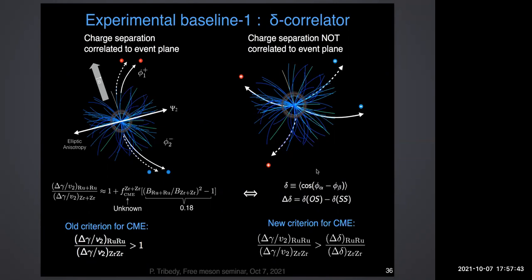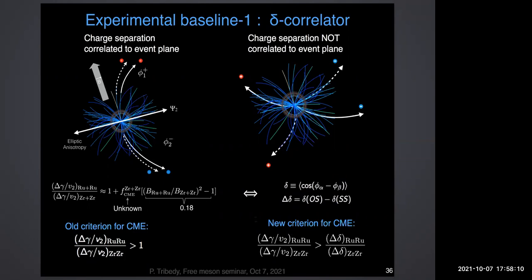This could be positive, negative, or negative, positive, which is opposite sign, and then positive, positive. You see, there is no event plane. So if you see a non-zero value for this quantity, it may or may not be related to CME. It has no correlation, right? It's more random.